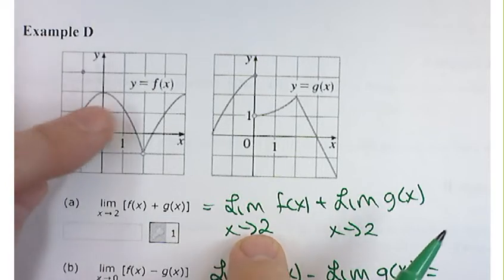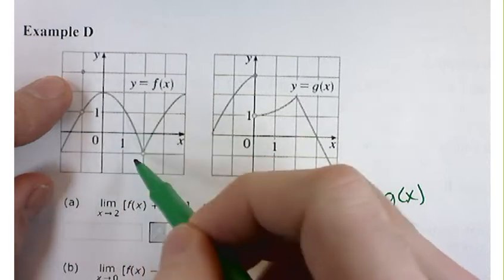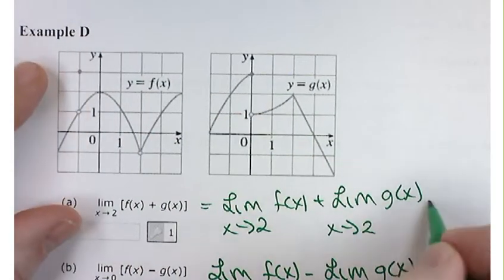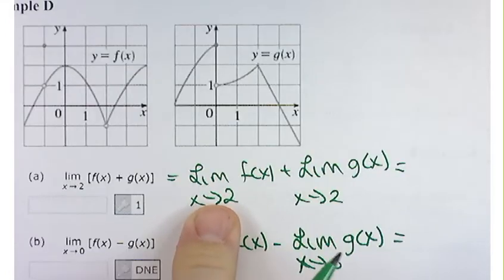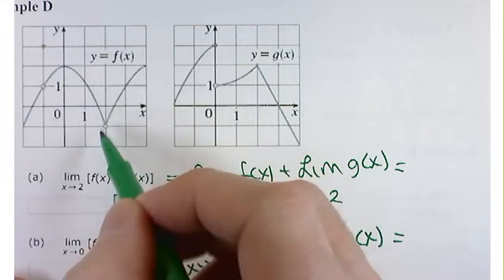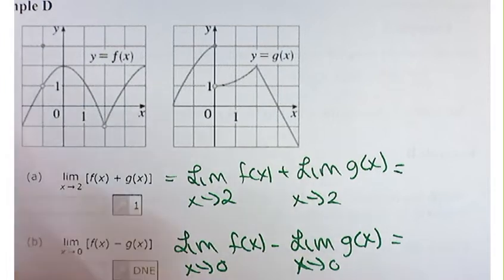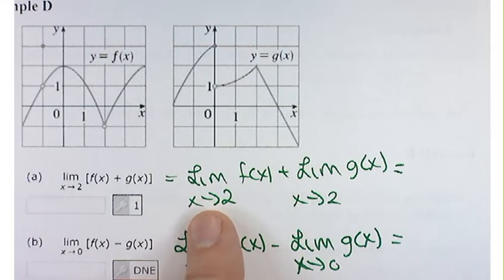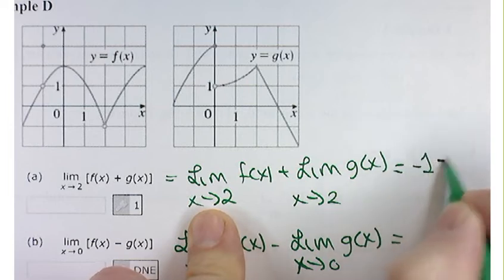We've got to think of two limits: the limit as x approaches 2 from the right and from the left. What's that limit going to be, or does it even exist? As you approach from the left and from the right, what y value are both of these approaching? Negative 1, thank you. So negative 1.